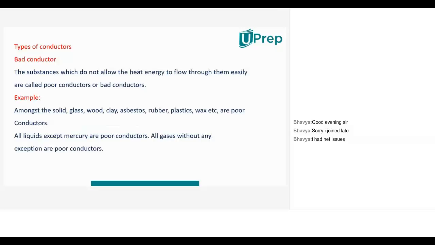So you can easily break it, but you can't break diamond easily. Both are made with carbon only, but because of the chemical bonding, the properties are different for graphite and diamond. So graphite is a good conductor. But tell me, which one will be called a good conductor?